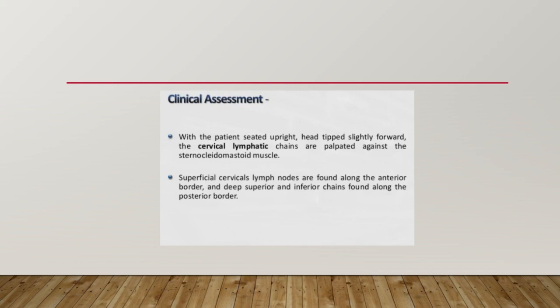After checking the submandibular group, we move towards the cervical group of lymph nodes, where the patient is asked to sit upright with head slightly bent forward, and you palpate the neck.